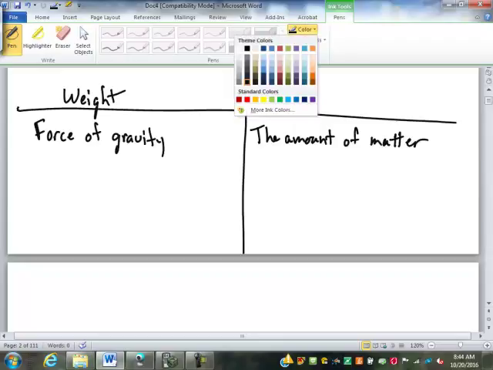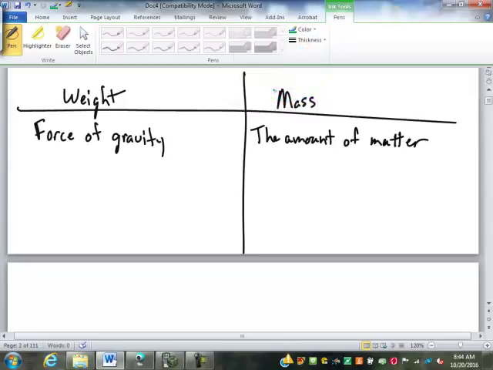The difference is in how they're measured. Weight is measured usually with a spring and by how much it is stretched or distorted by the force that gravity is pulling on an object. So we'll have a scale which will look like this.